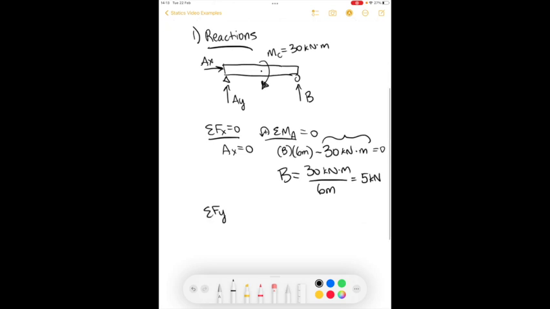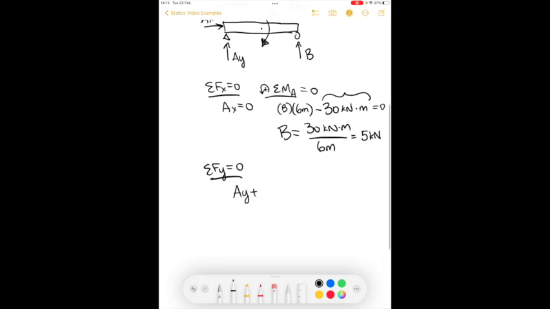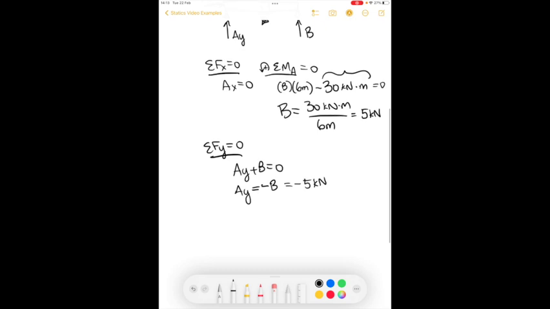And finally, we can solve for the sum of the forces in the y direction. Find that AY is negative 5 kilonewtons. So we assume that AY points in the wrong direction. In fact, we see that AY is downward. Okay, so we need to remember that going forward.